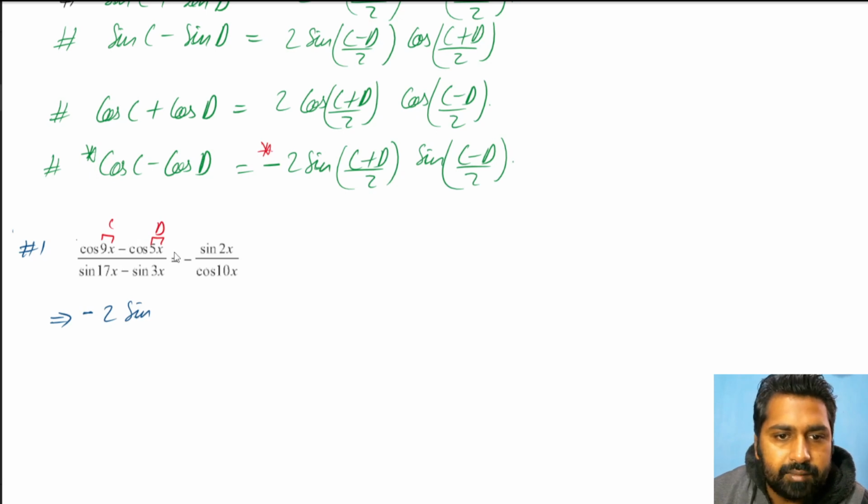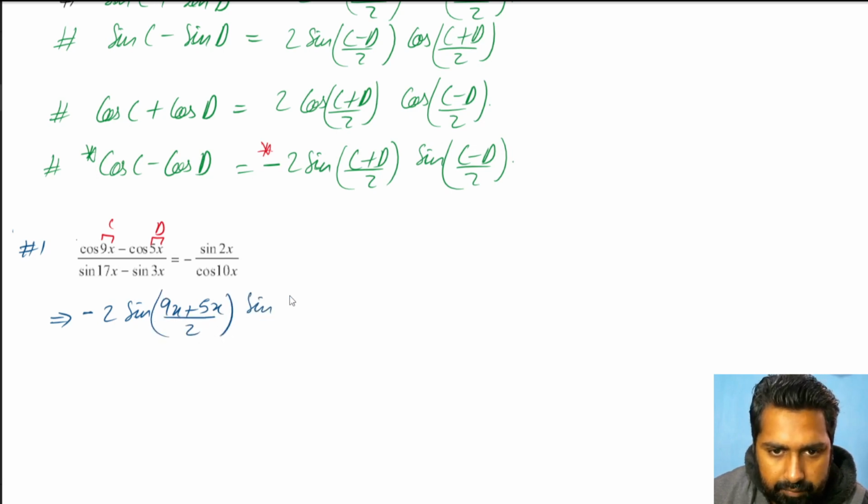First of all, add them, divide by 2. So 9x plus 5x, add them, divide by 2. Sine, subtract them, 9x minus 5x divided by 2.